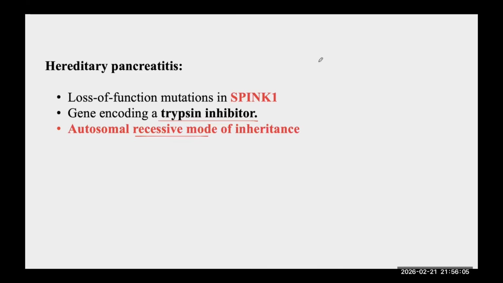Normally, as a protective mechanism, trypsin gets inhibited by a trypsin inhibitor. Whenever there is a loss of function mutation in the gene that encodes for that, there is nothing to inhibit trypsin, and trypsin keeps being active, which clearly predisposes to pancreatitis because you're not inhibiting the enzyme that is activating all the other autodigestive enzymes.